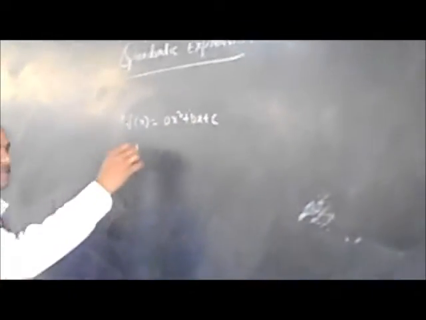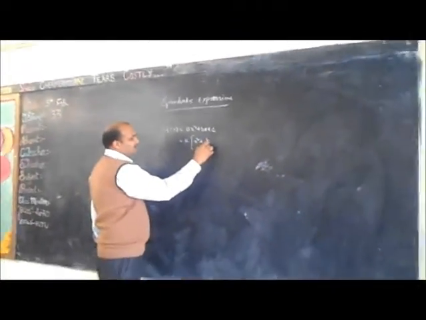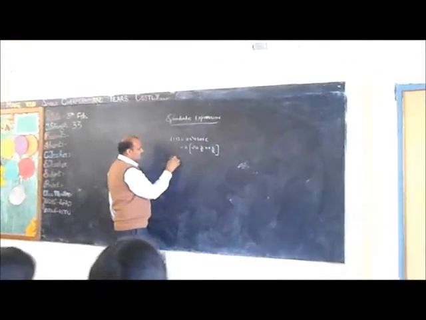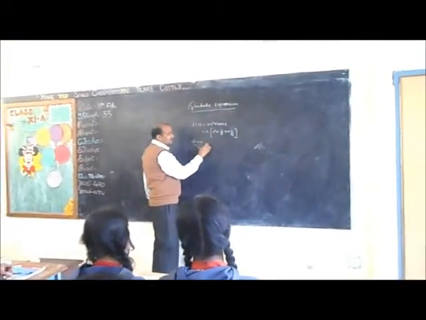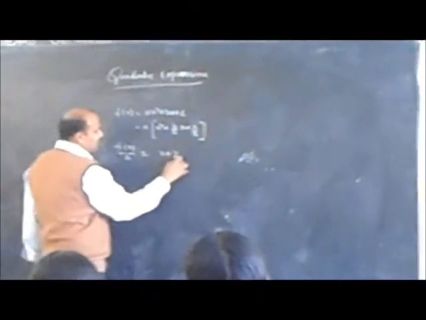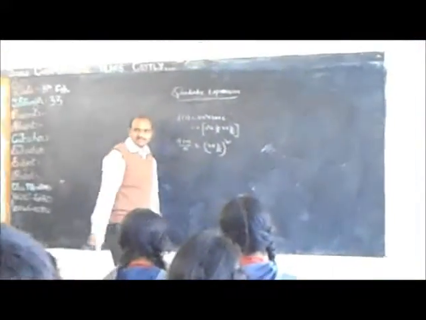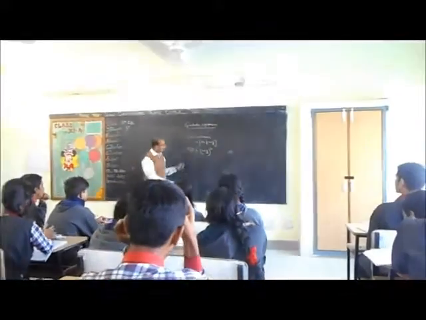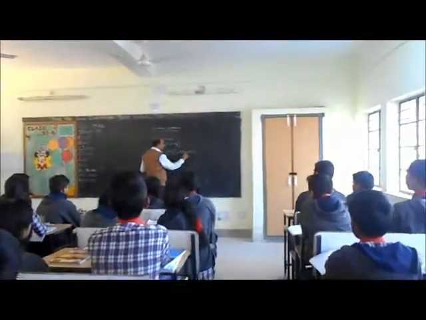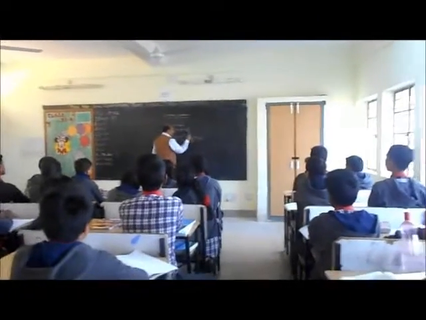If we take a as common, then it becomes x square plus b by a into x plus c by a. Now f of x by a is equal to x plus b by 2a whole square plus 4ac minus b square by 4a square. This is the value.